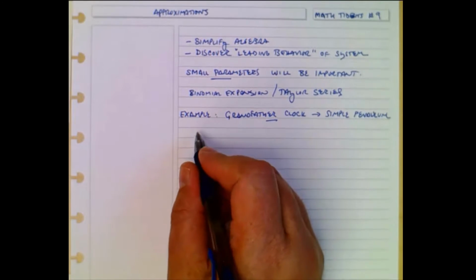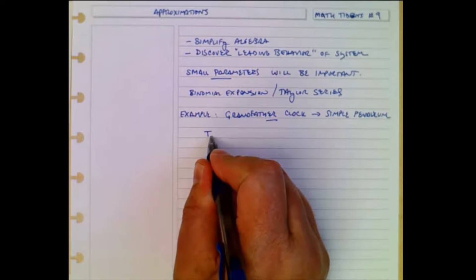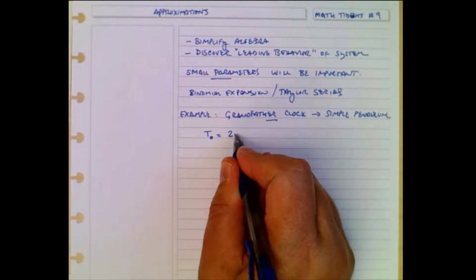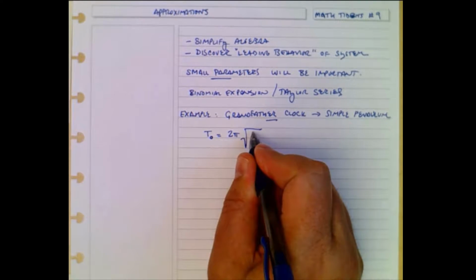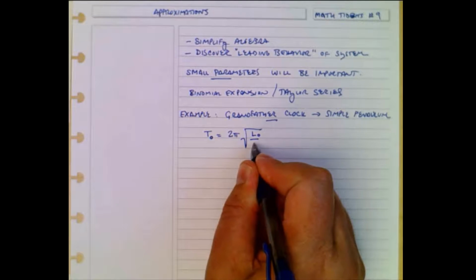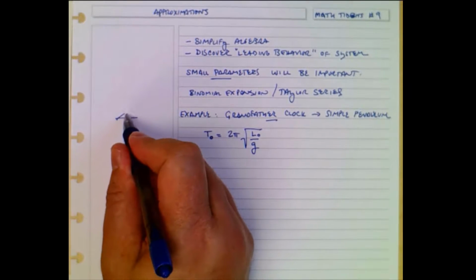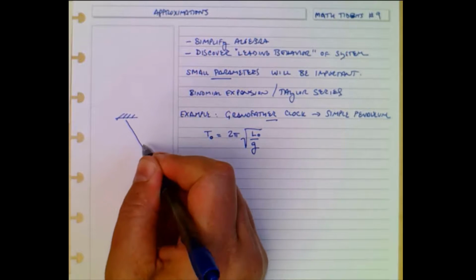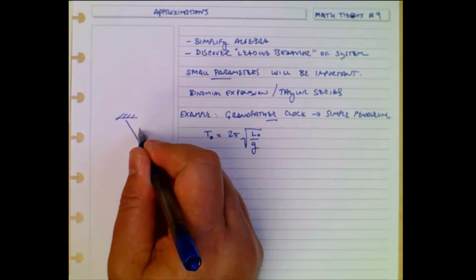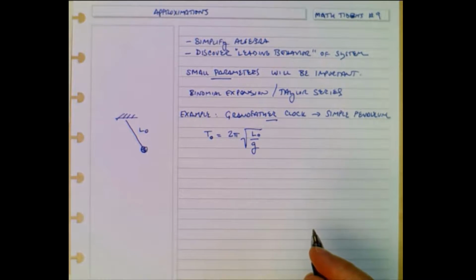Well, the period of a simple pendulum is equal to 2 pi times the square root of the length of the pendulum over g. So we're imagining here a pendulum that has length L0 that's in the gravitational field of the Earth or the Moon or Mars or what have you.